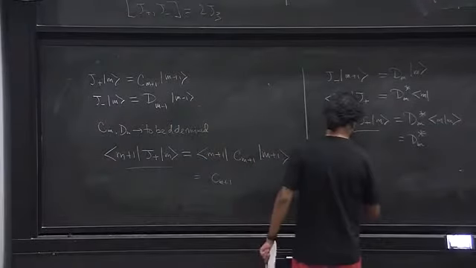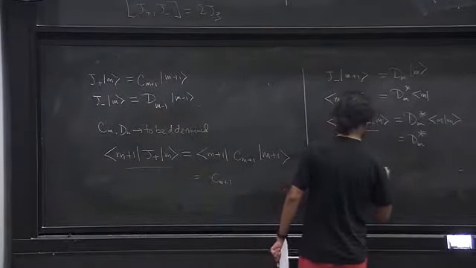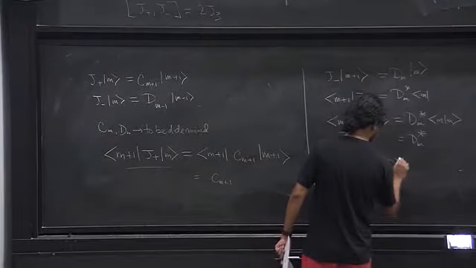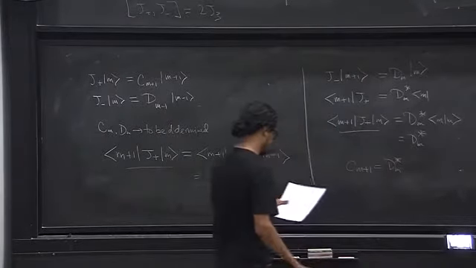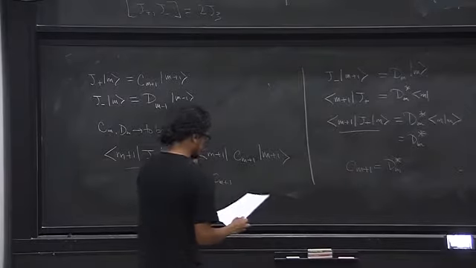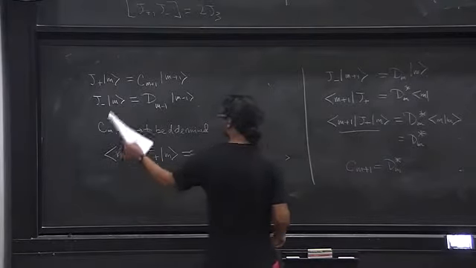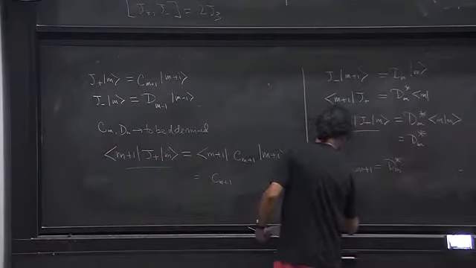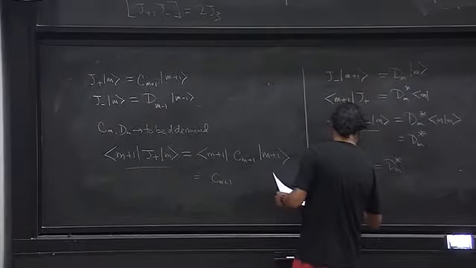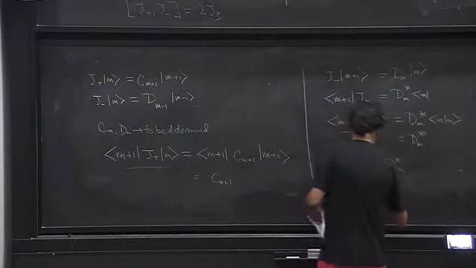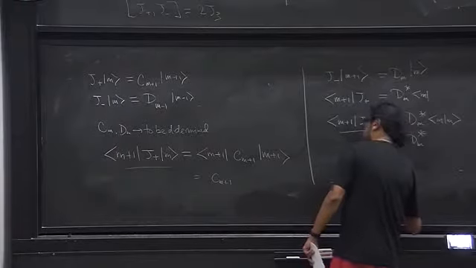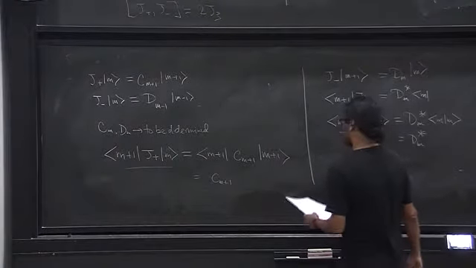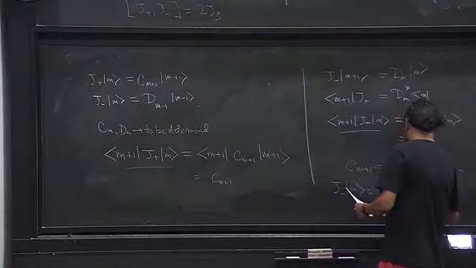So we conclude that C of m plus 1 is D star of m, okay? So we can rewrite this equation, J minus acting on m, as C star of m times m minus 1.